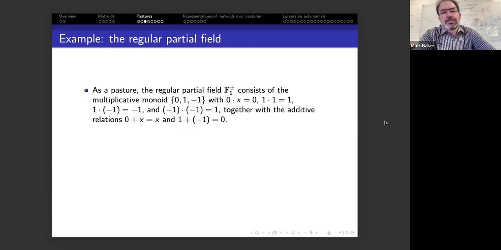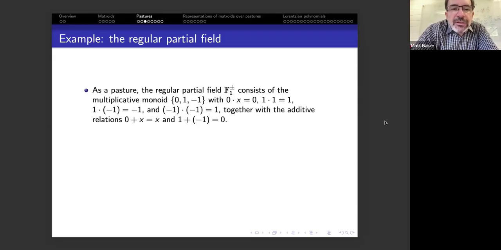All right, and now here's another example. This won't be so important in this talk, but in other contexts, it's very important. The regular partial field. So the regular partial field has three elements, 0, 1, and -1. And the multiplicative structure is exactly what you think.